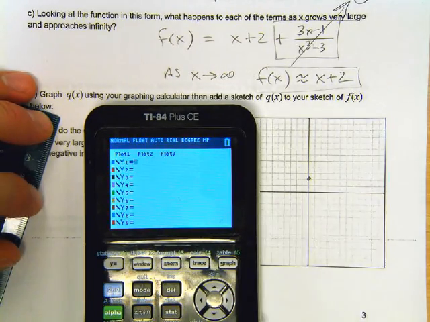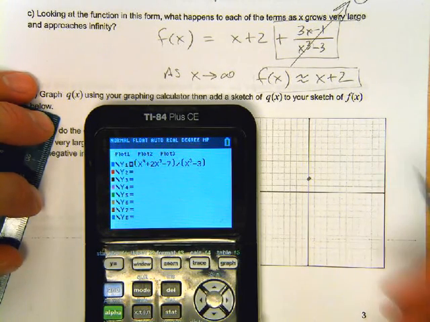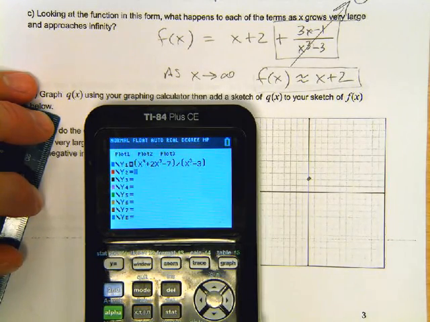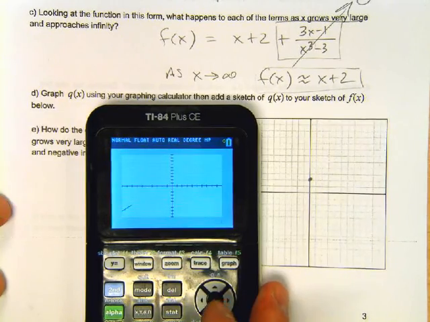Oh, we didn't do any graphing yet. All right, open parenthesis, x to the fourth plus 2x to the third minus 7, close parentheses, divided by open parentheses, x cubed minus 3. And then we said our asymptote was x plus 2.